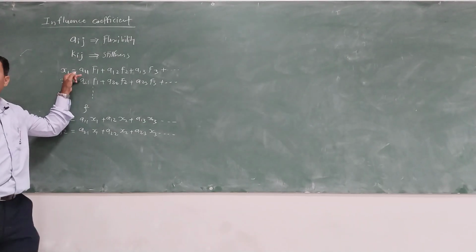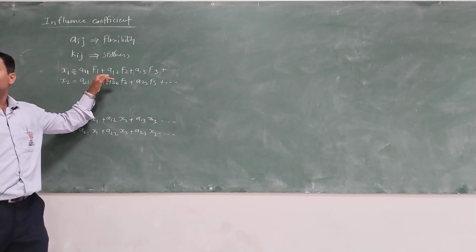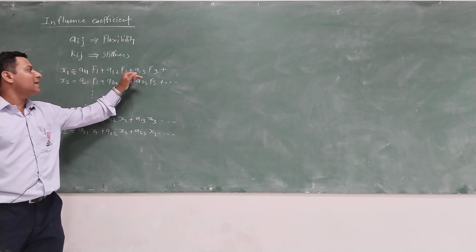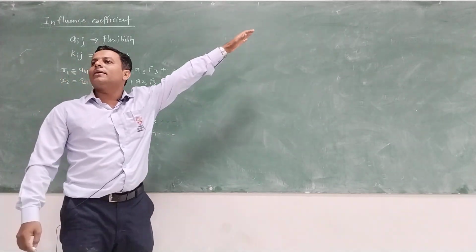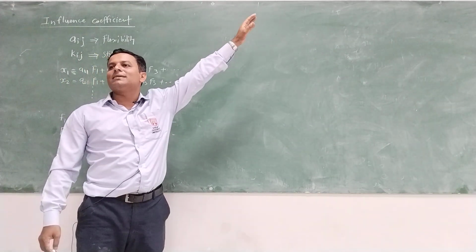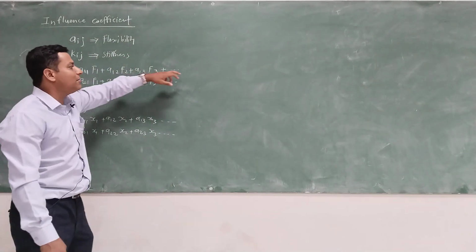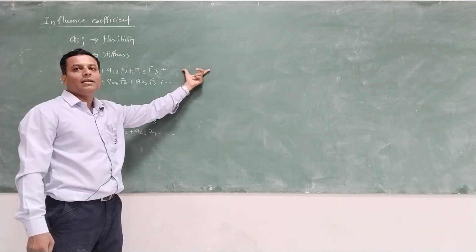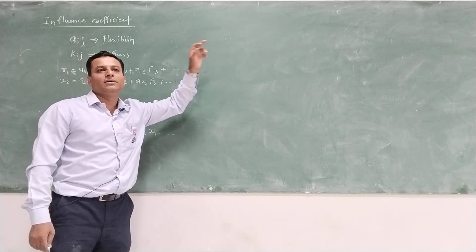Means x1 equal to a11 f1 plus a12 f2 plus a13 f3 plus a14 f4 till n number of masses, displacement and forces. So if we are having n masses, the last one will be a1n fn.